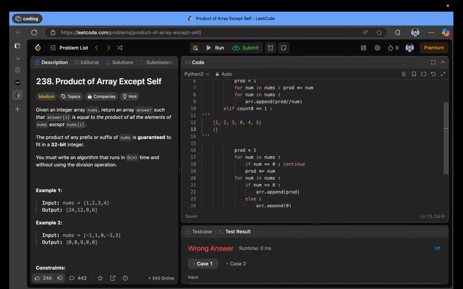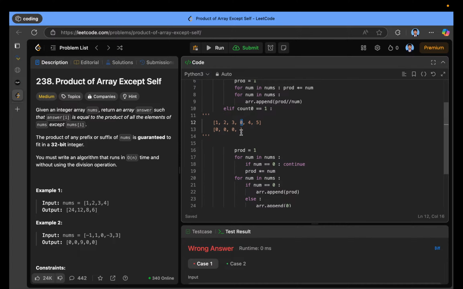For the first position there is a 0 present, so it should be 0; for the second it's always 0, and the third is also 0. Now when I'm at the position of the 0, I have to find the whole product except 0.